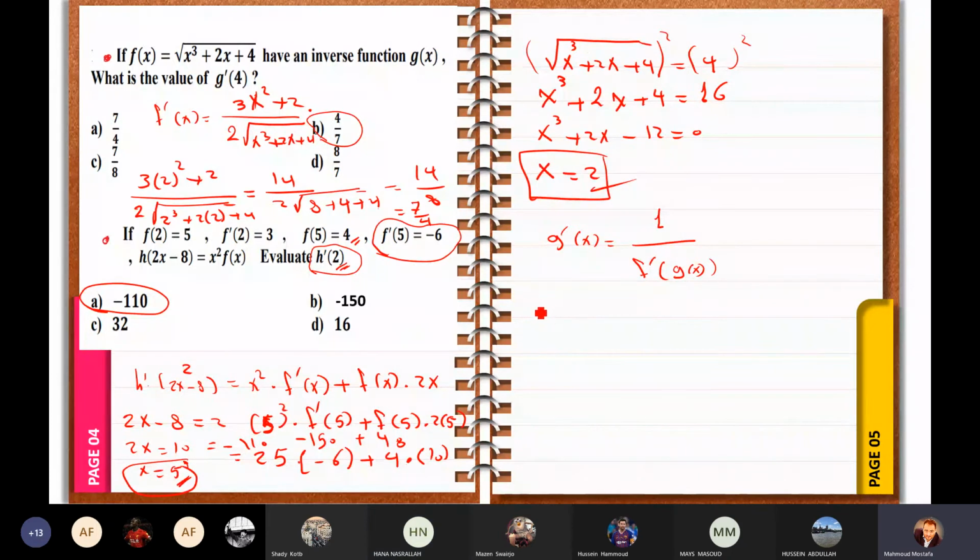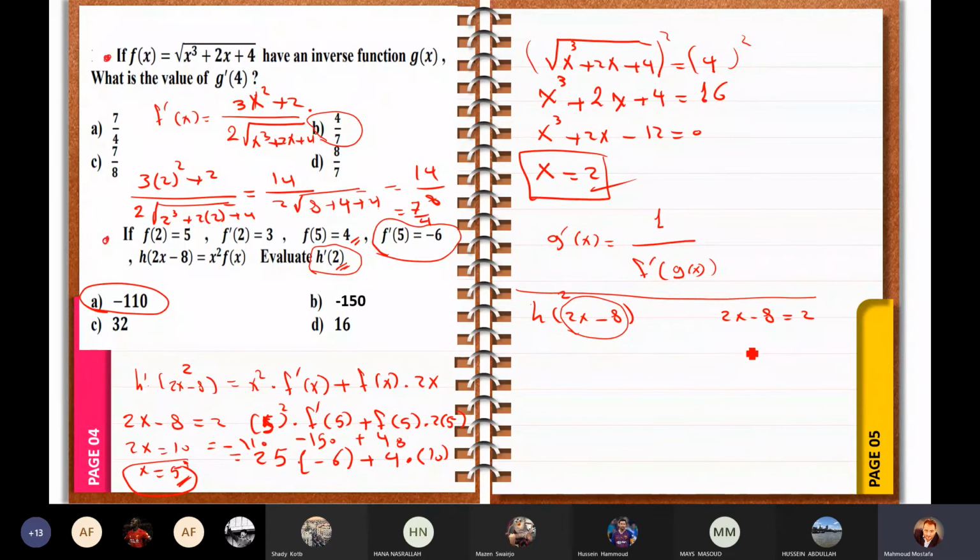We have here h of 2x minus 8. First, I need the derivative at 2. So all inside here is 2, correct? It means 2x minus 8 is 2.